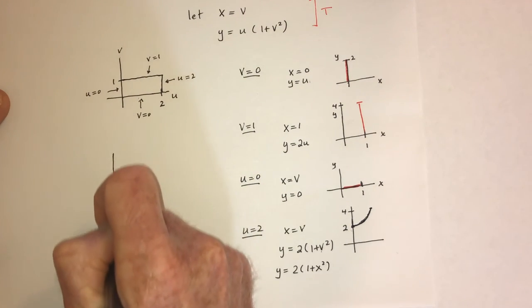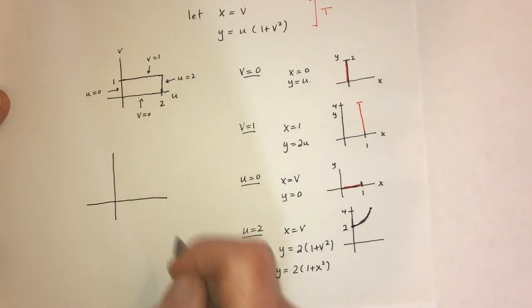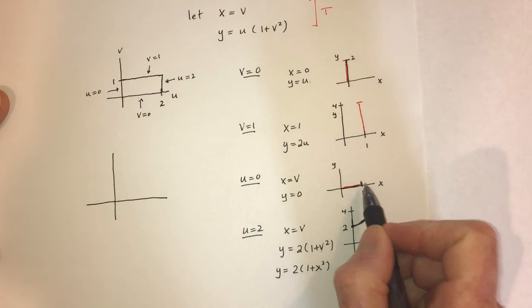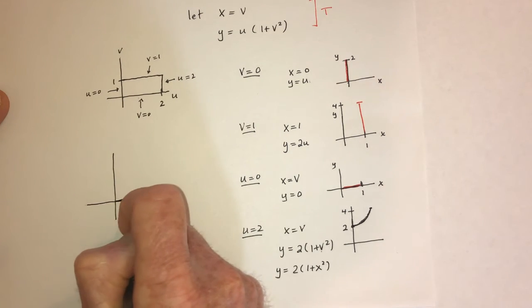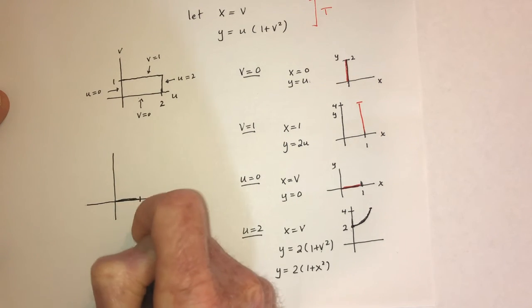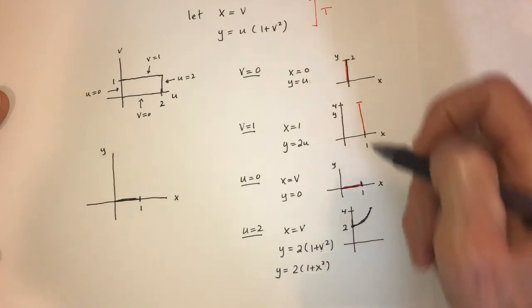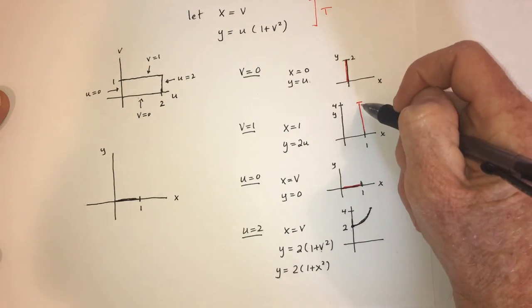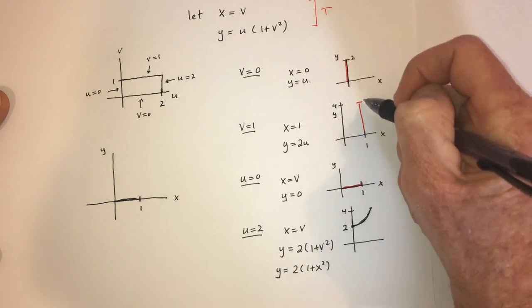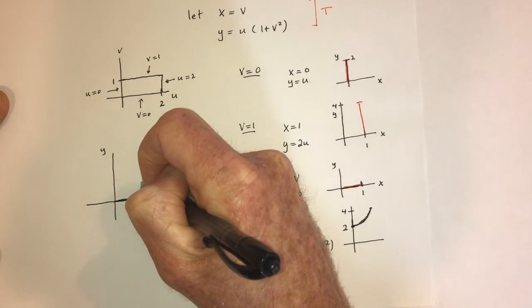So finally, put the pieces together. The bottom part goes from 0 to 1. The right side goes from where x equals 1, and then it goes up to 4.